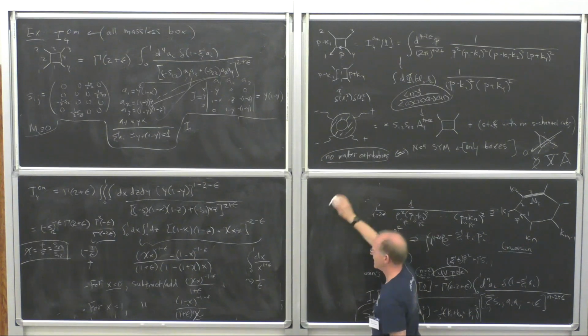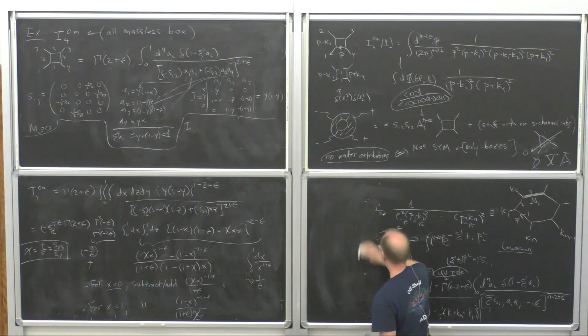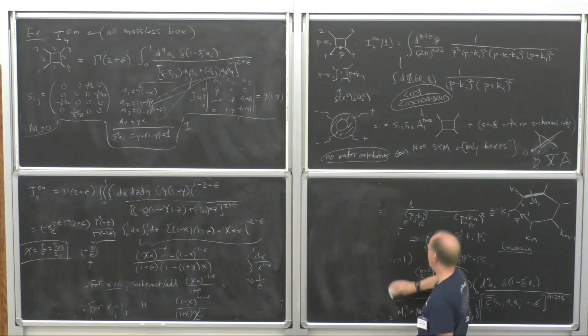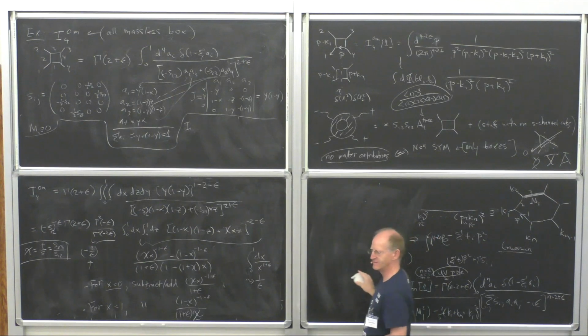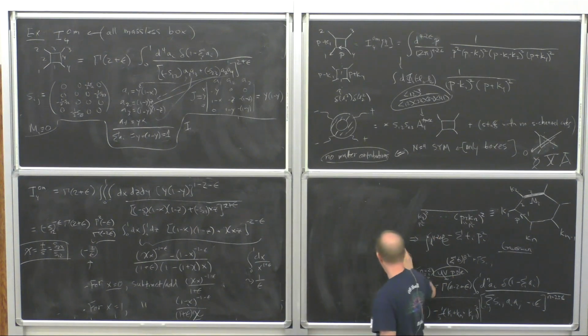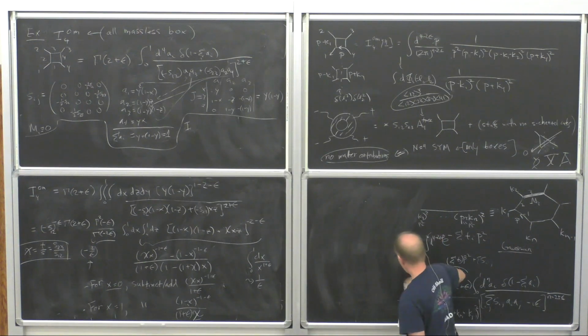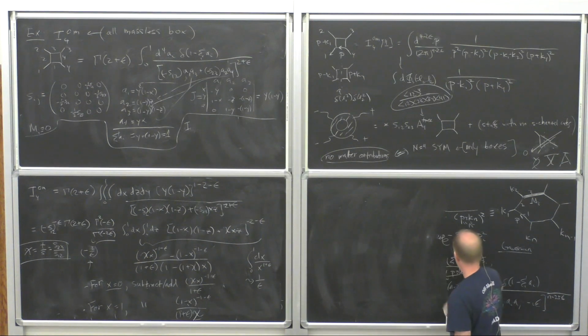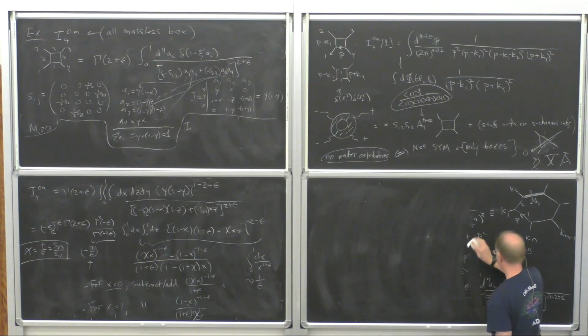One reason I'm going through the gory details here is because this is analogous to the kind of thing you do when you build these subtraction terms for real radiation. It's an overly simplified version of it, but you subtract off something that you know how to integrate that's divergent, and where the difference then becomes finite.